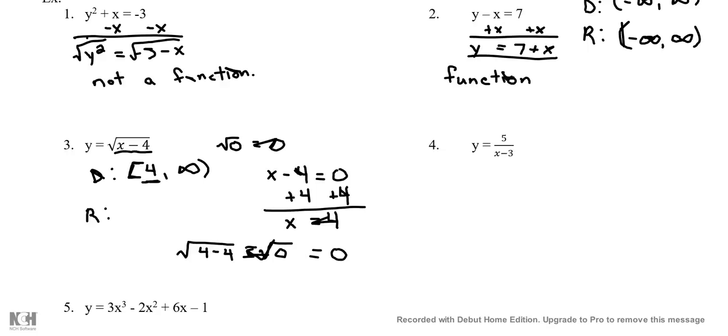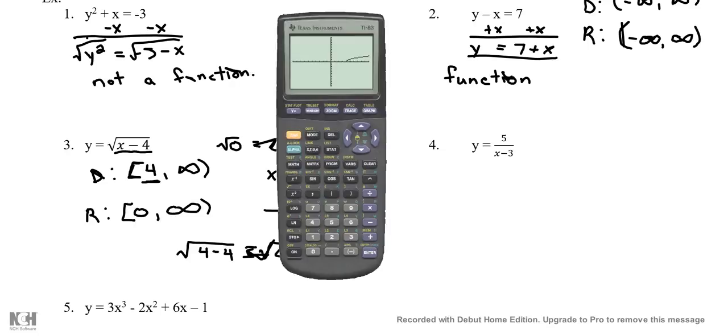So since 4 was the minimum x value, I plug that in, I get my minimum y value. So my minimum y value is 0, and I can keep getting bigger, and the graph shows me that same thing. The graph goes upward forever.